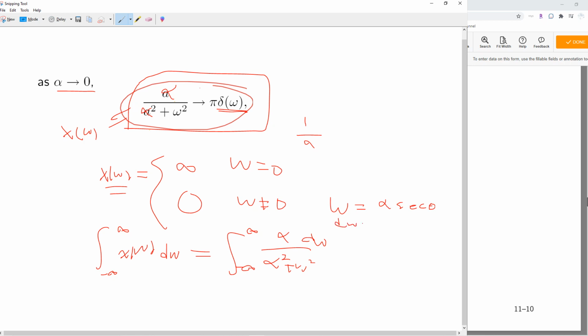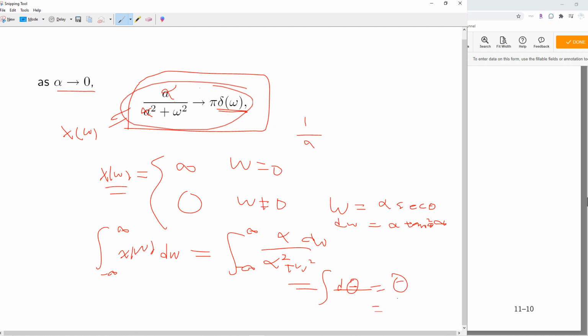So d omega will be alpha tangent squared theta d theta, and finally you get theta, d theta.